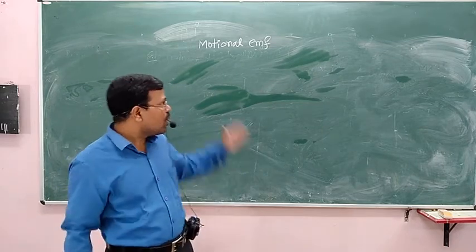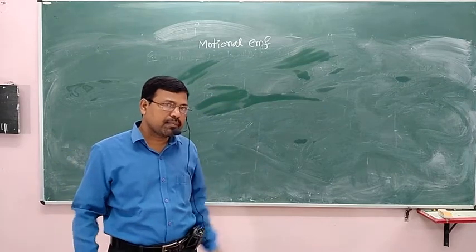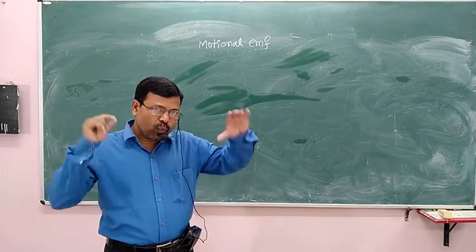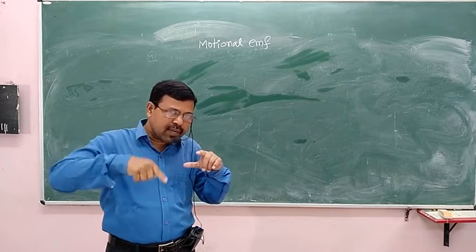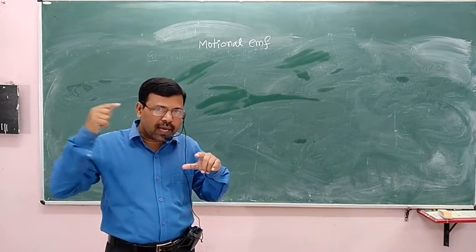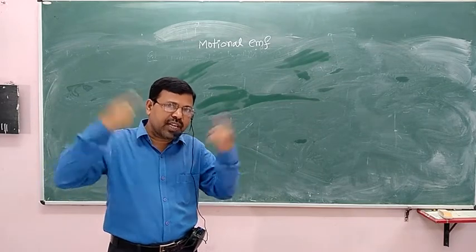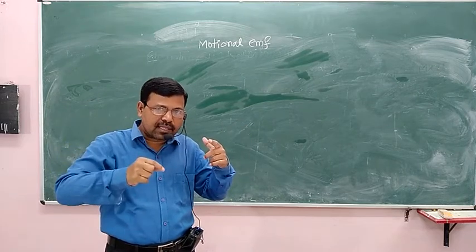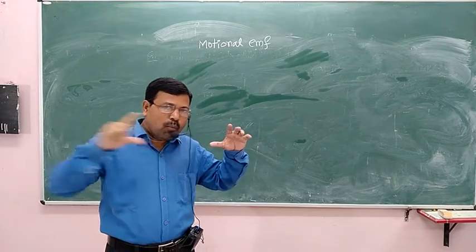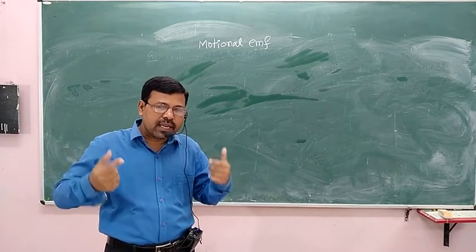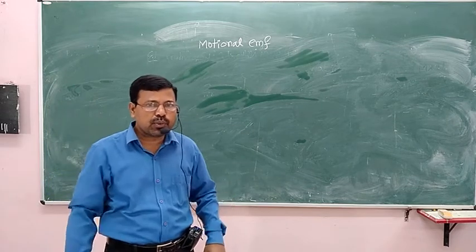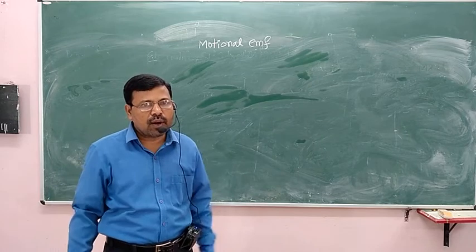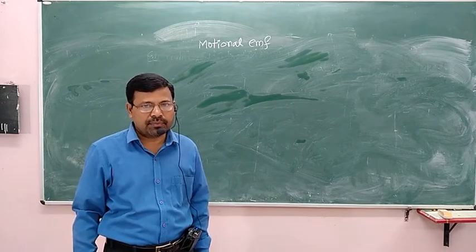That EMF is called motional EMF. I repeat, whenever the magnetic flux linked with the moving conductor changes, induced EMF is produced in the conductor, which is called motional EMF.